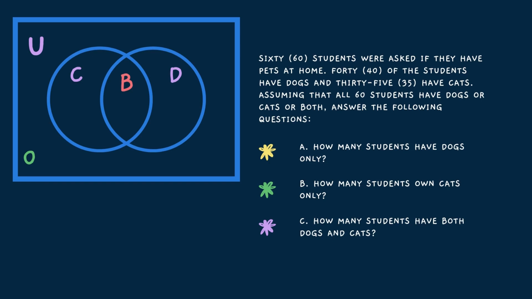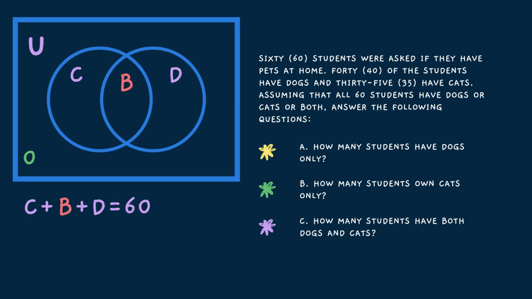And lastly, set B represents the students with cats and dogs. Now, from the first sentence, 60 students were asked if they have pets at home. So, ibig sabihin, the number of students in set C plus the number of students in set B plus the number of students in set D is equal to 60.